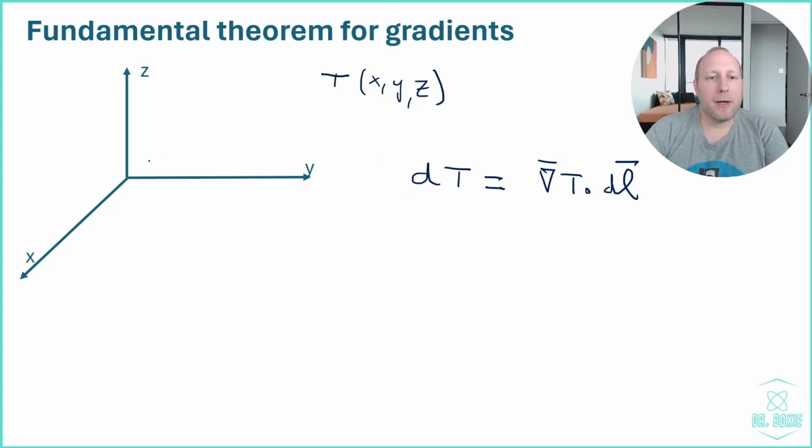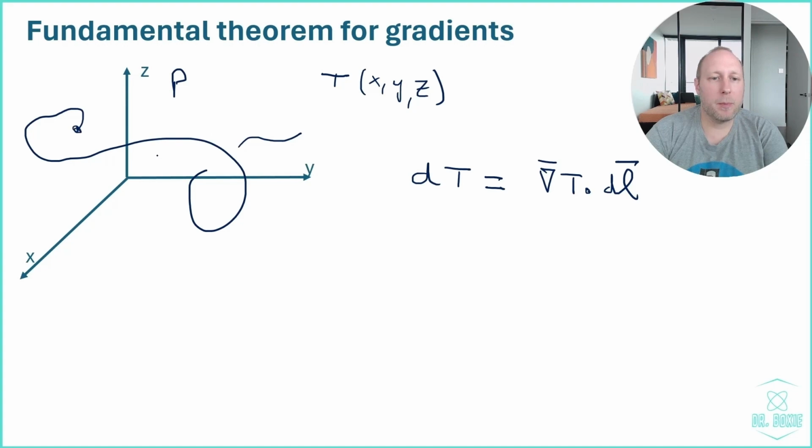So imagine we walk around in space following some trajectory, which I drew here. So this is the trajectory, the path P, going from a point A to a point B. And we will do what we did in one of the previous lessons when we defined integrals, which is we will subdivide the trajectory into smaller parts. So this here, I will call it L0, here is L1, L2, L3, etc., up to B, which will be Ln.